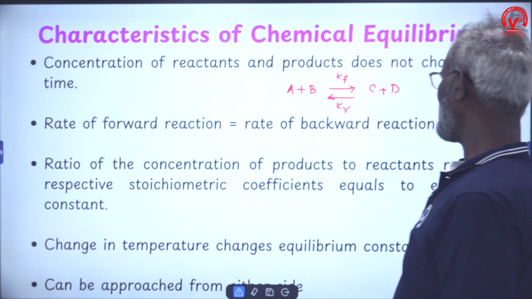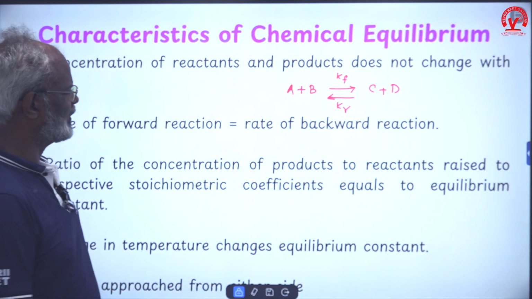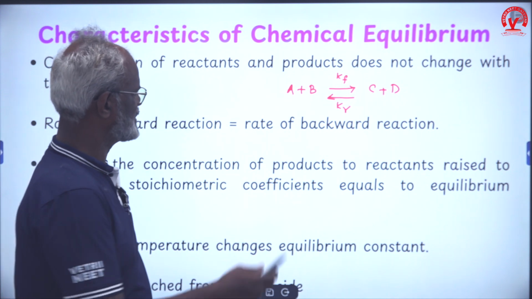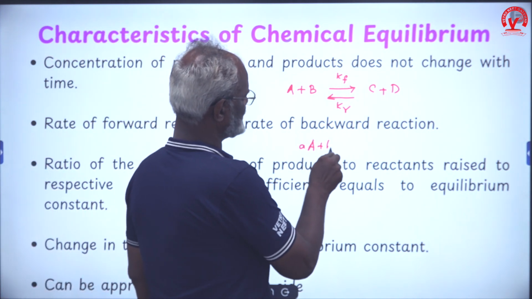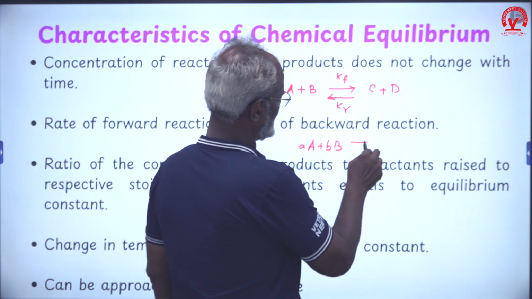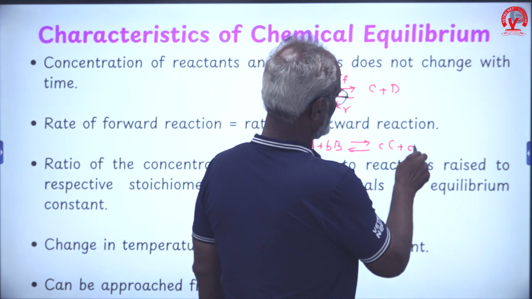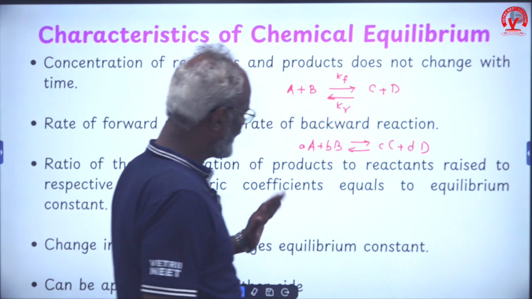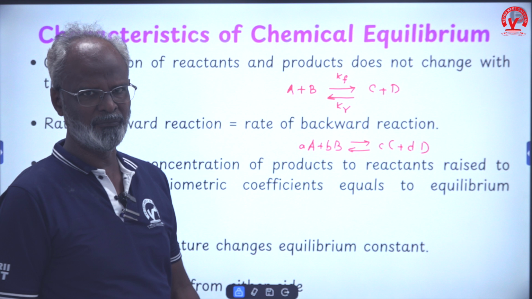Now I will slightly change this equation with stoichiometric coefficients. Say we take a reaction like aA plus bB, reversible, giving cC and dD. Small a, small b, small c, small d are the stoichiometric coefficients.